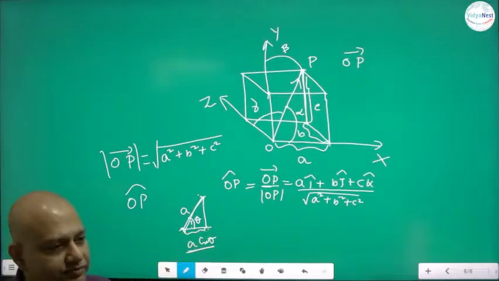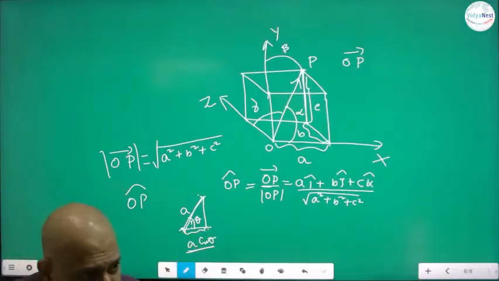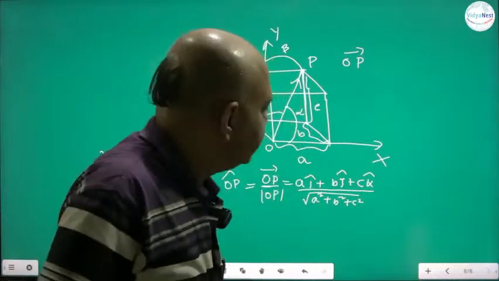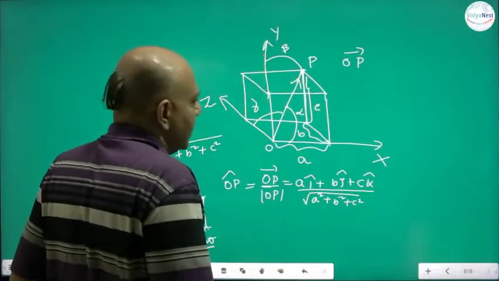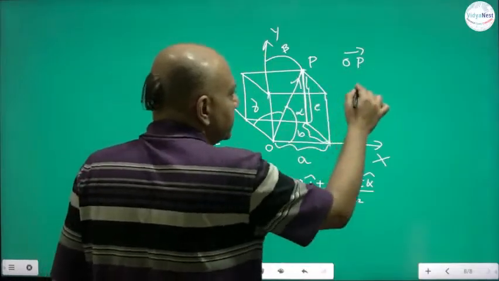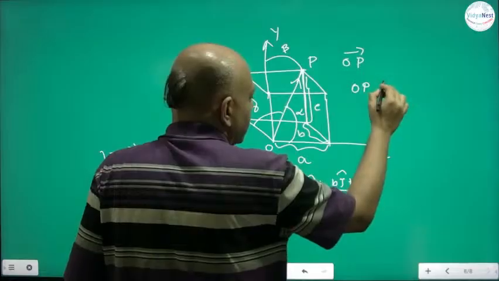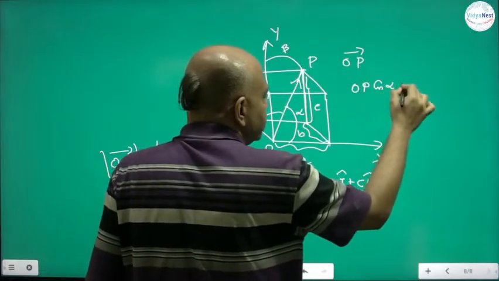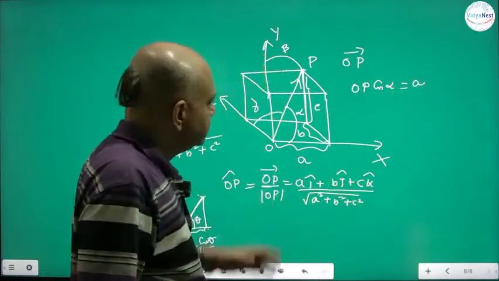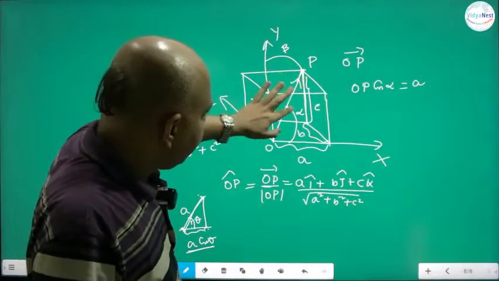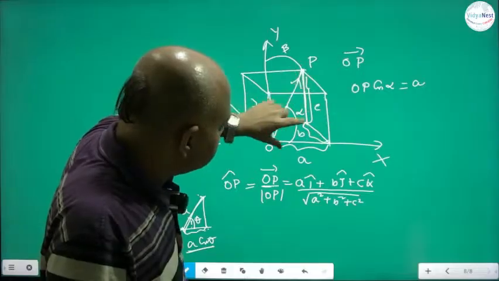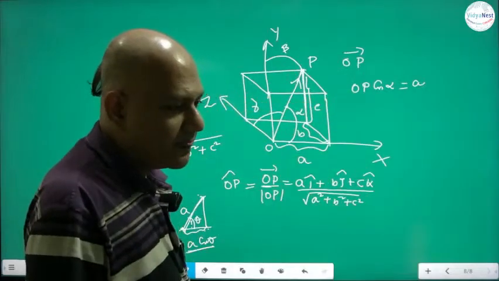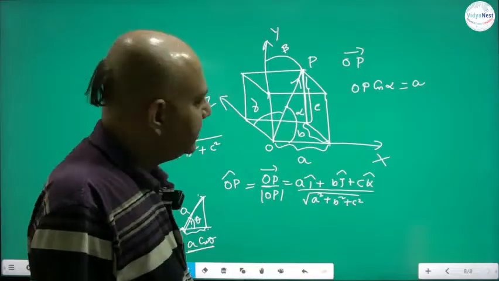Similarly, this OP makes angle alpha with the x-axis, so the component of OP along the x-axis is equal to OP cos alpha, which is equal to A.